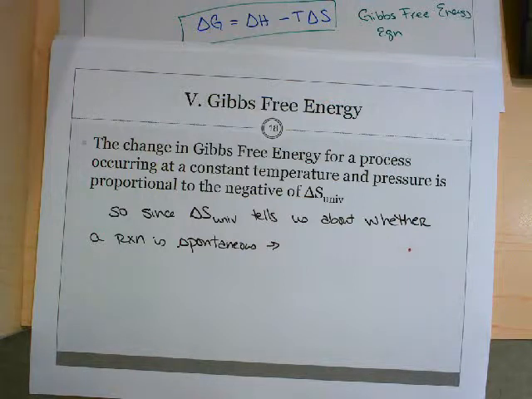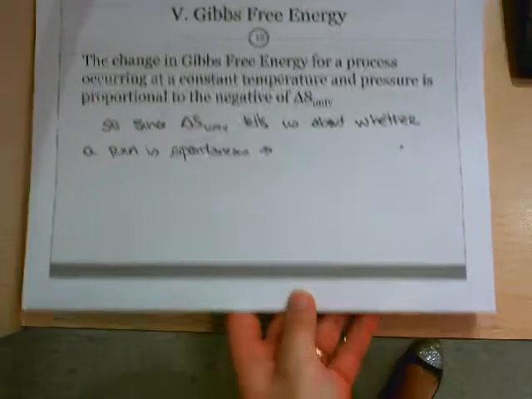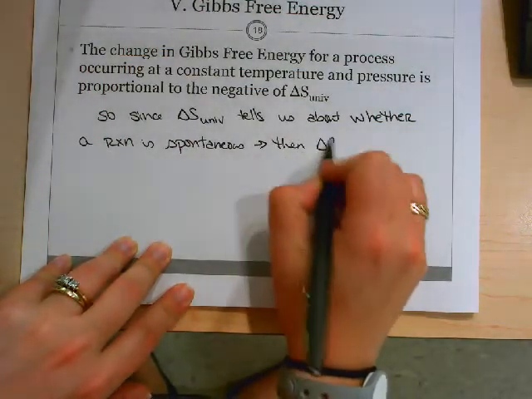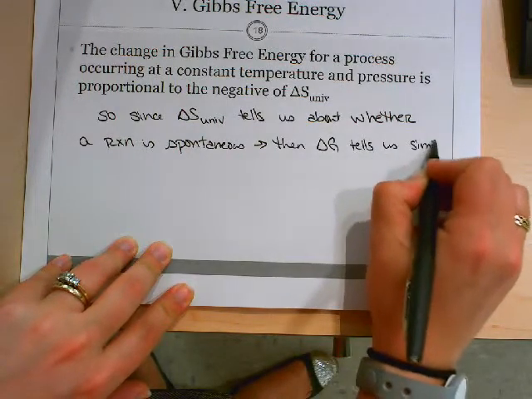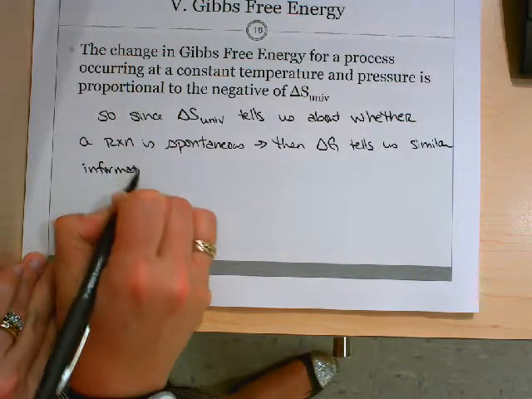So since the delta S of the universe, its main purpose is to tell us whether or not a reaction is spontaneous, delta G tells us similar information.